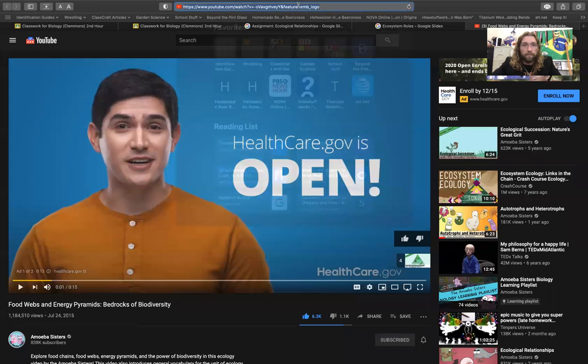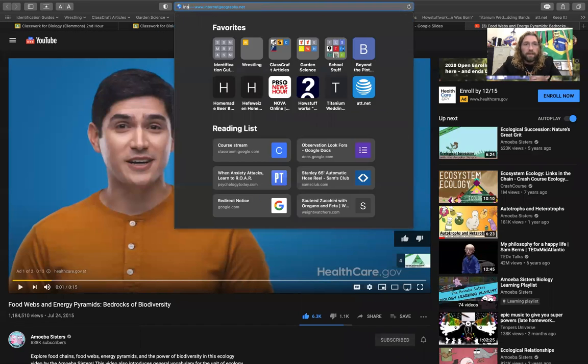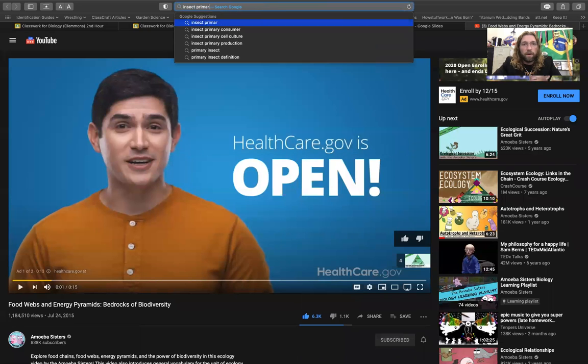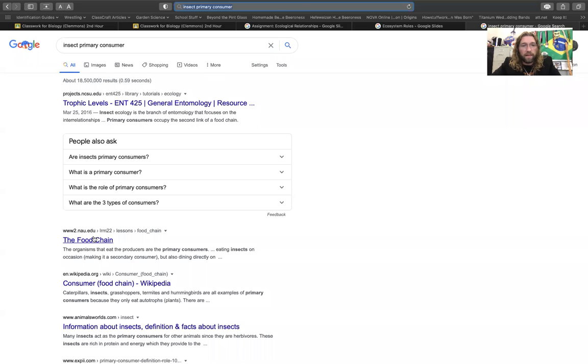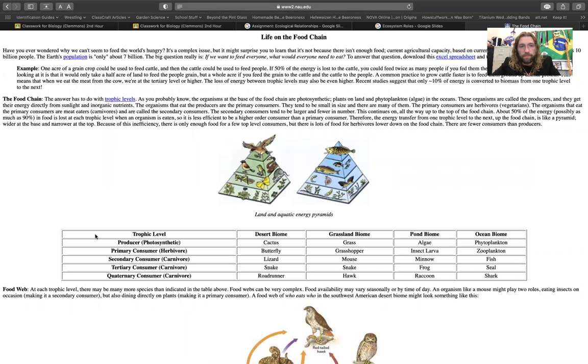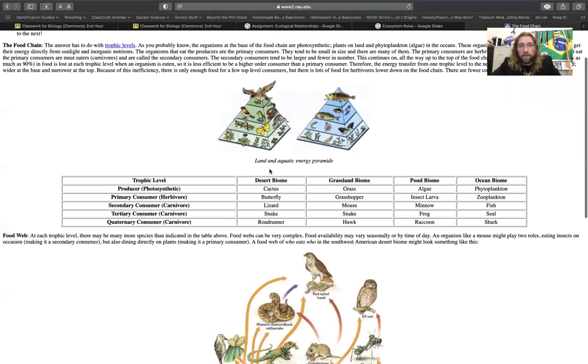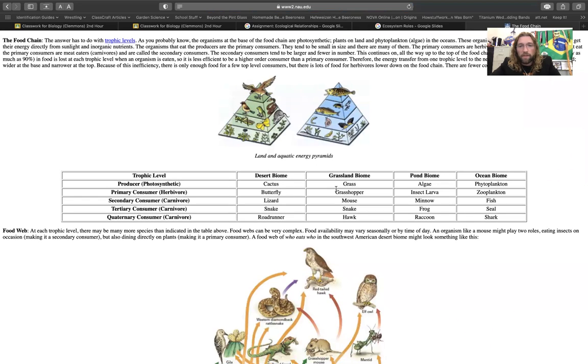I'll type in insect primary consumer and see if I can find some examples. If I go out here, butterflies, grasshoppers, insect larvae, these are examples of some primary consumers.